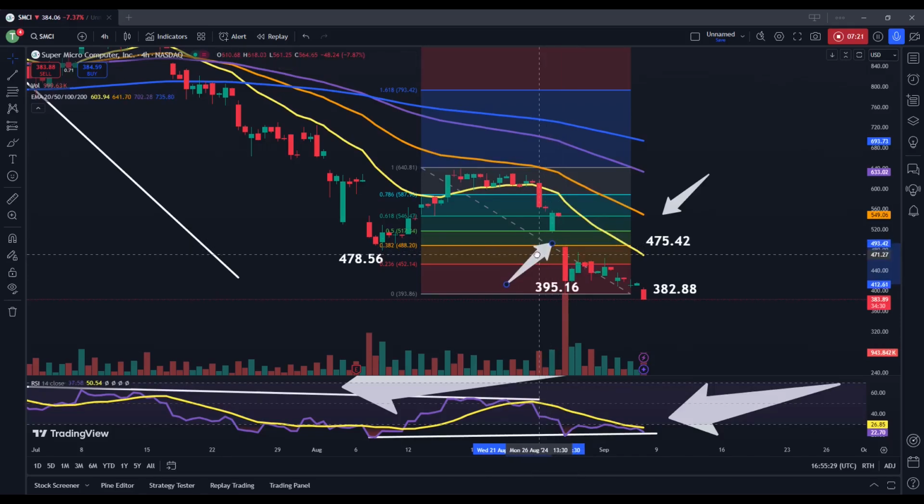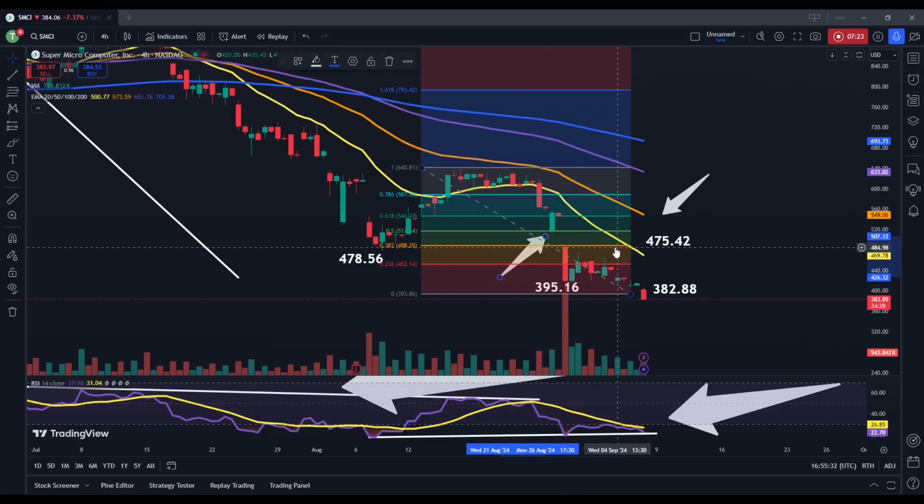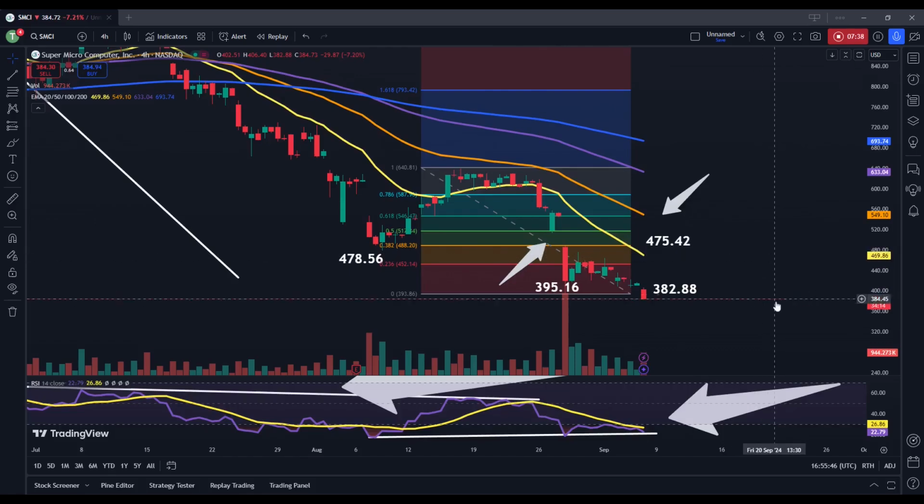We did see a share price gap start to develop here. So if we did see a break above 475, this would also put us back into the exponential moving average cluster, and then the stock could benefit from some potential upside momentum that could be generated by this gap needing to be filled. So this is currently the area that I'm watching to the downside.